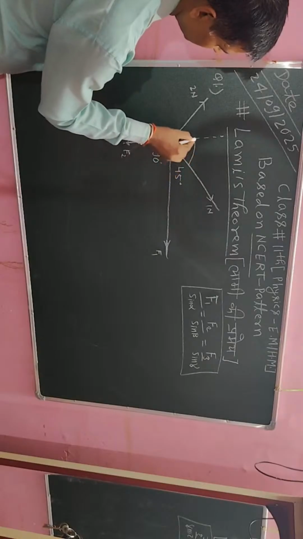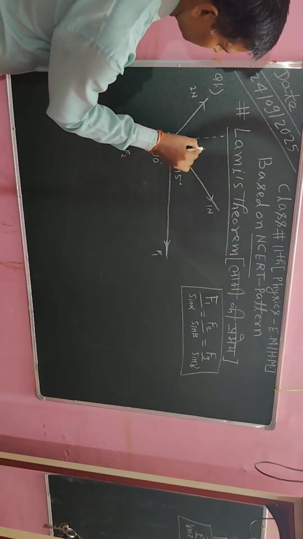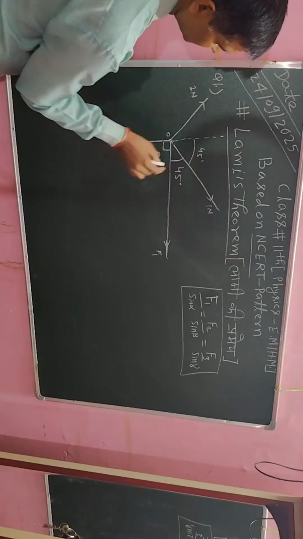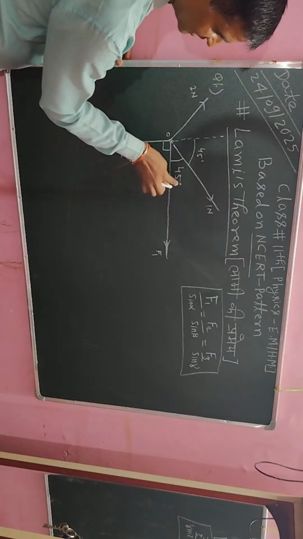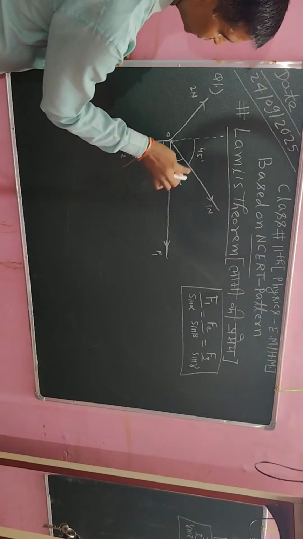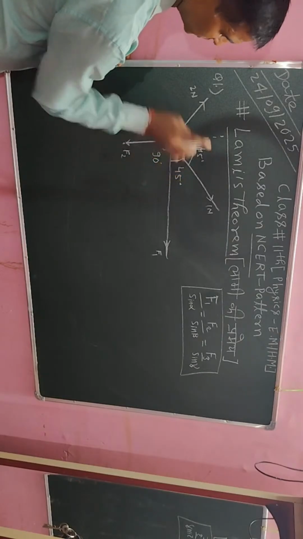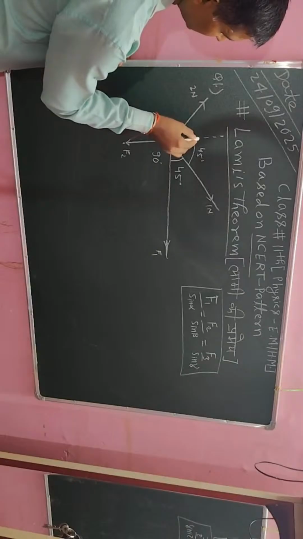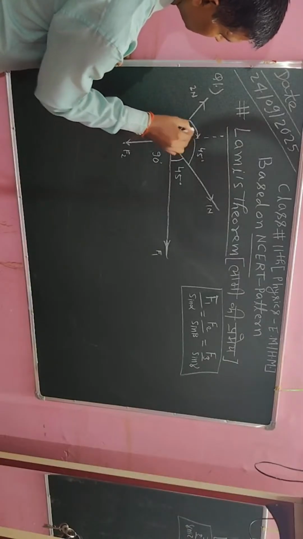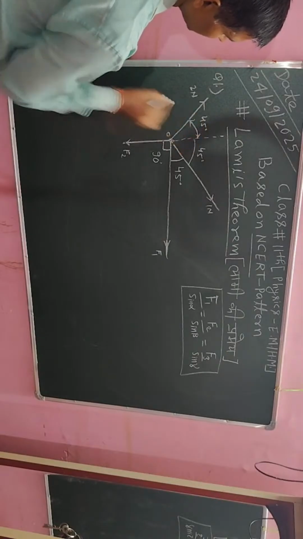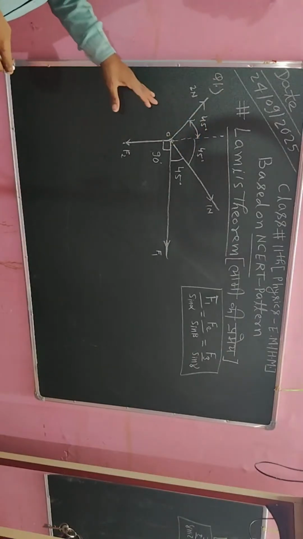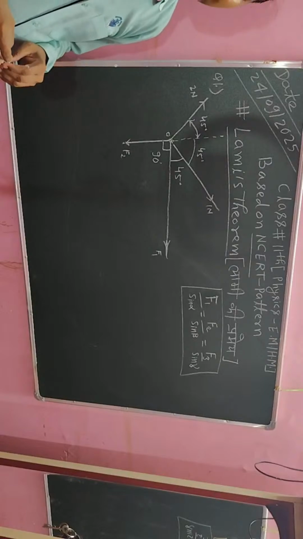And this angle will be 45 degrees, because the total angle is 90 degrees, so 90 minus 45 will be 45 degrees. Similarly this angle is also given as 45 degrees. So this is the diagram given in the question.